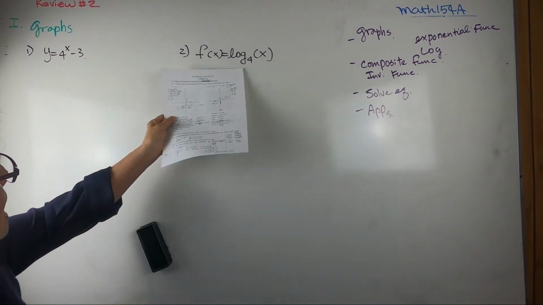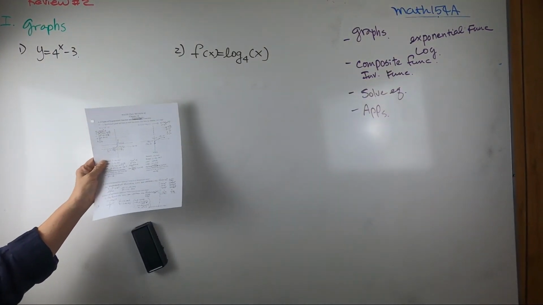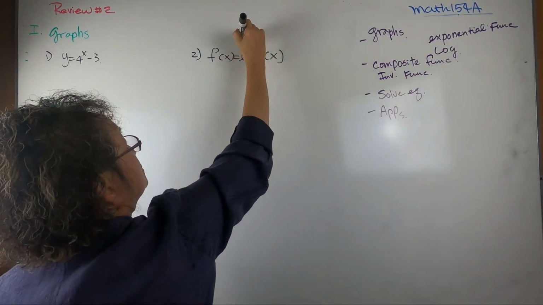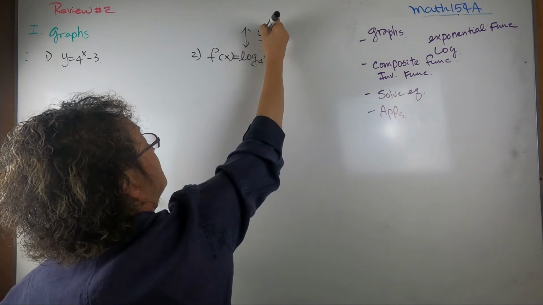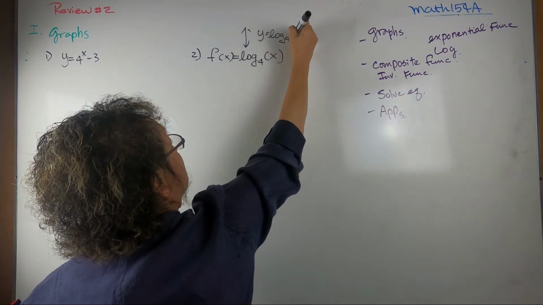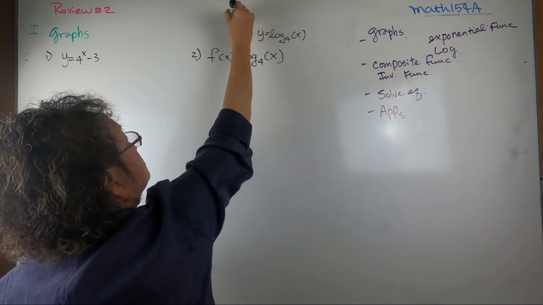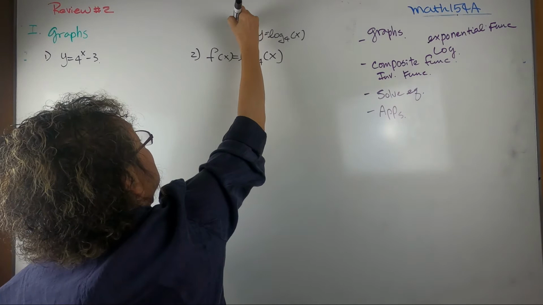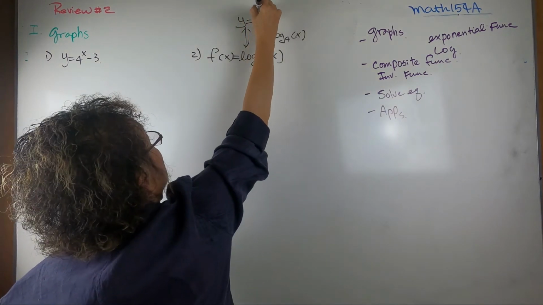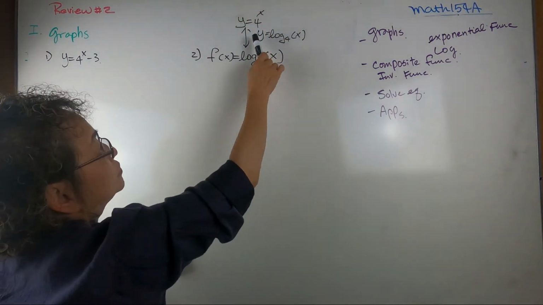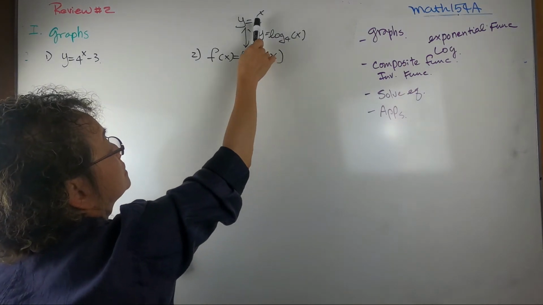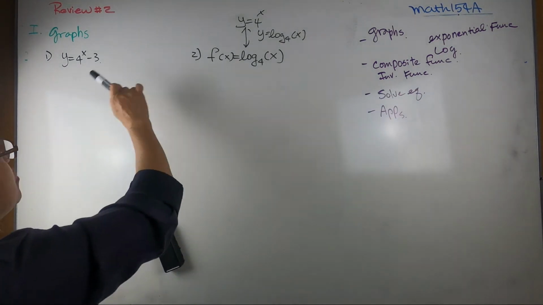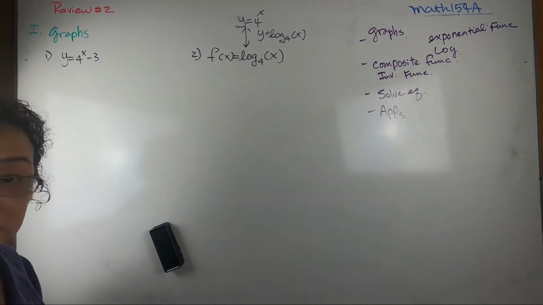So they are not inverses of each other, because the inverse of y equals log 4 of x should be y equals 4 to the x power. 4 to the y equals x, or 4 to the x equals y for the inverse. So the graphs are a little bit different.